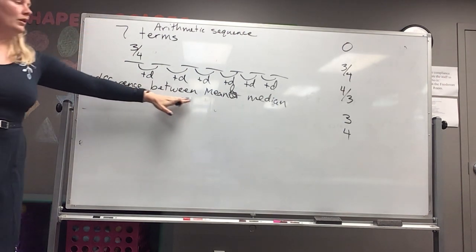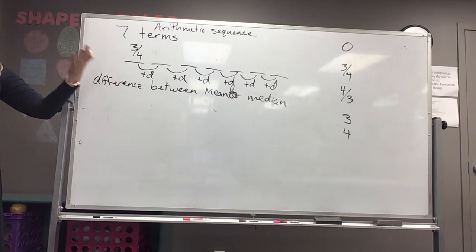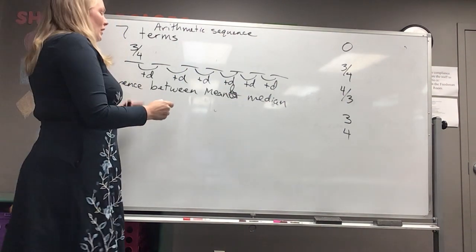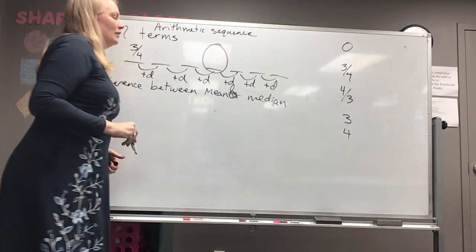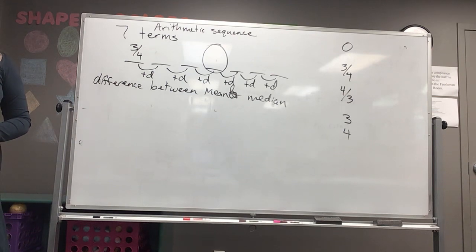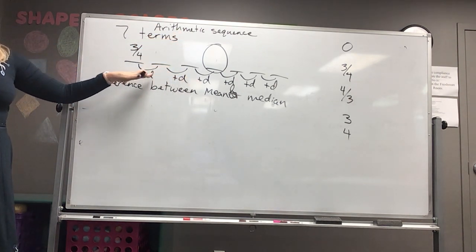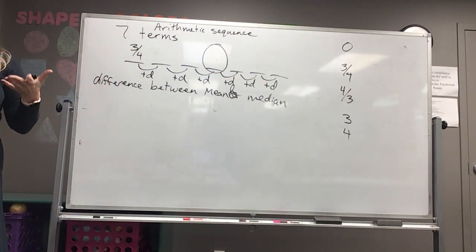Now we're getting into this idea of mean and median. So what is the mean of something? Average. We average it out, we add it up and divide. And what is the median of it? Middle. The middle. And so even without having anything written in here, we know that this is the middle. And what's happening with this arithmetic sequence is that because of this common difference, it's a uniform sample.